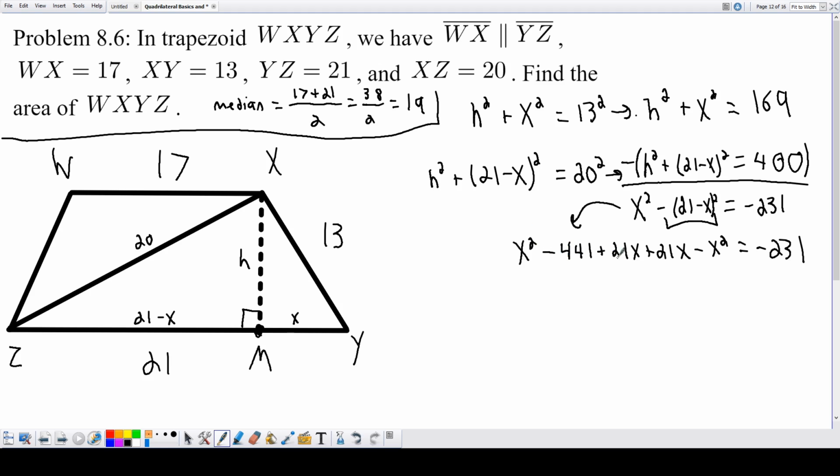So from here we can start to simplify. X squared minus x squared is going to cancel out. 21x and 21x is 42x. Add 441 on both sides.